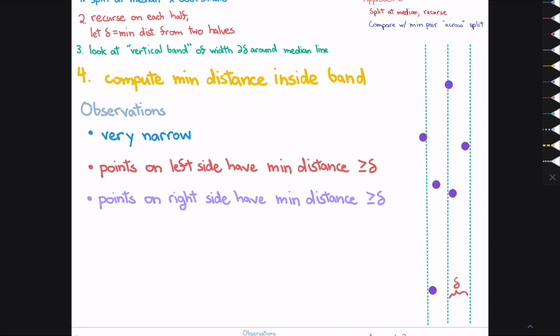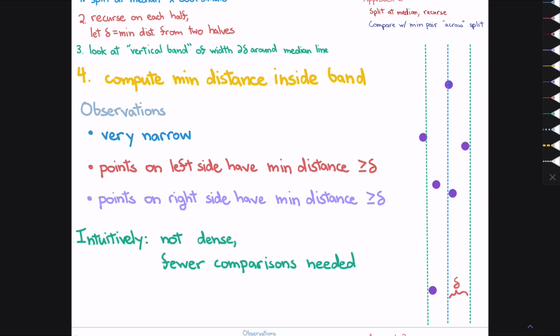There's a tension: maybe I don't have to make all the comparisons inside, because the points have to be somewhat spread apart. There's something simpler going on in there, and we just have to formalize this and make it useful.